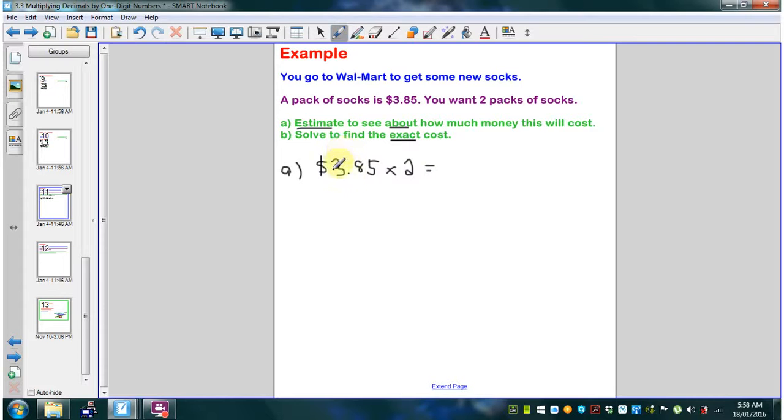So we can round 3.85. We want to round to the nearest dollar, so we look at this number here. 8 rounds up, so this becomes $4 times 2. So 4 times 2, that's going to be about $8.